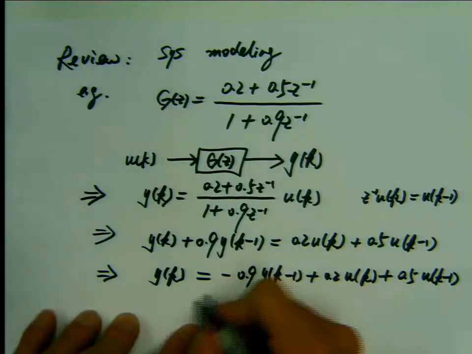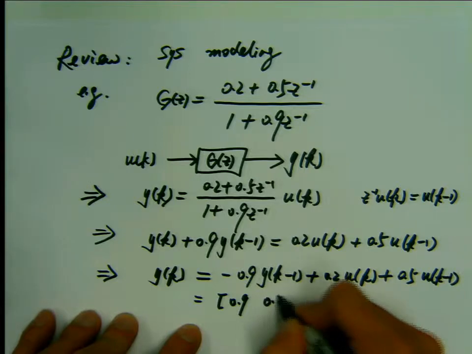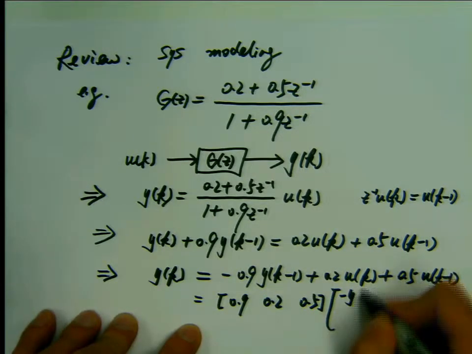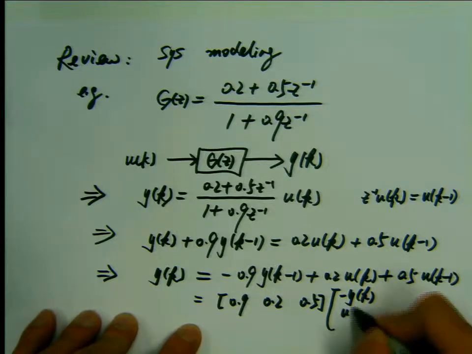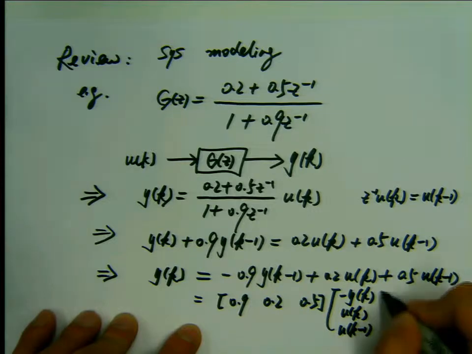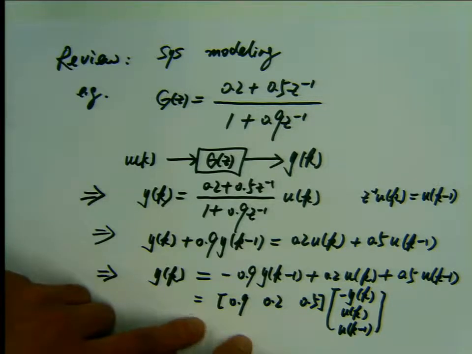So it equals 0.9, 0.2, 0.5 times negative yk-1, uk, uk-1. Look at this final result. This is the main message for this slide.